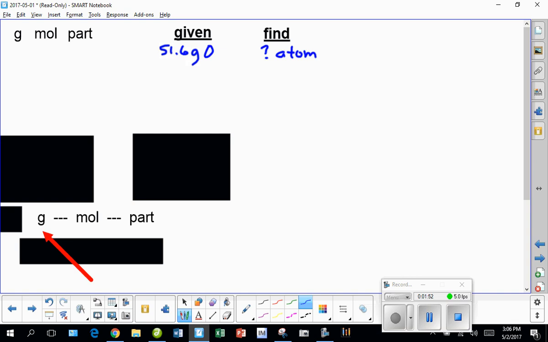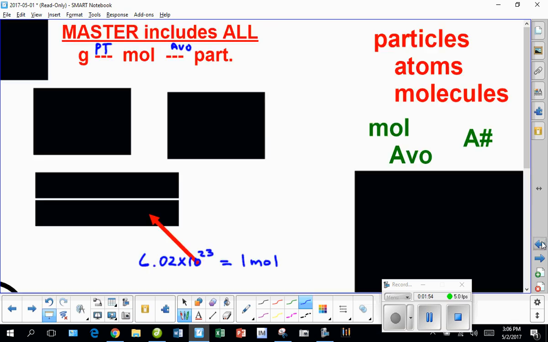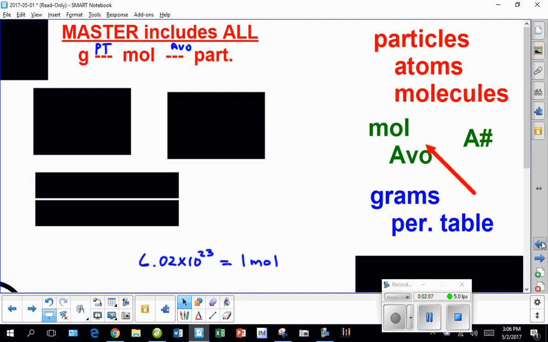Atoms is our particle. Remember here, particles are either atoms or molecules, which is what these 2 guys are all about. And when we're dealing with grams, we're in periodic table territory, which is what this means.